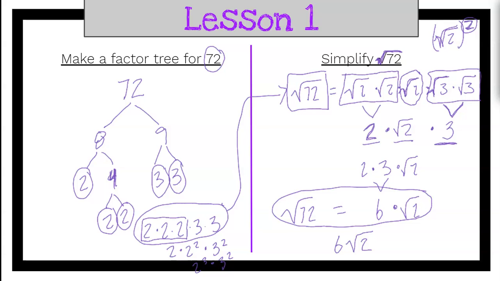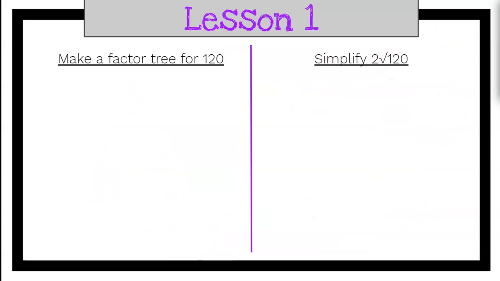Let's try one more problem here. Make a factor tree for 120. So the number 120, we're going to factor that. 12 and 10, anything that ends in 0, I always like to start with 10. Again, we're going down to the prime factorization.